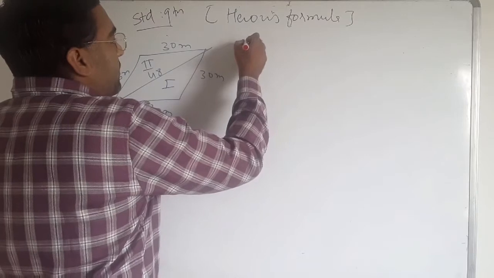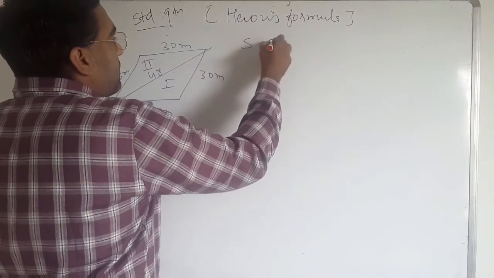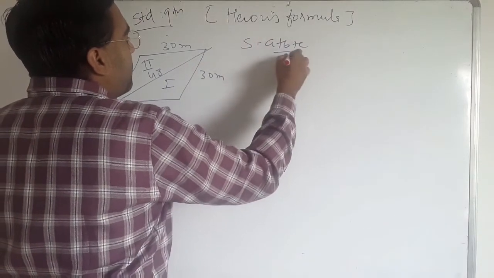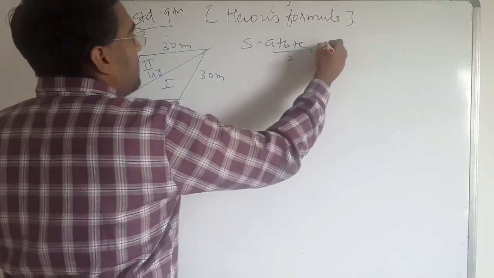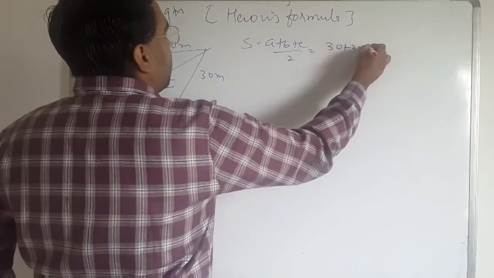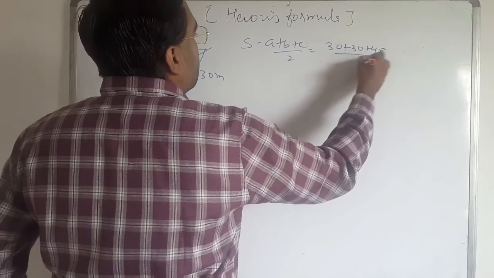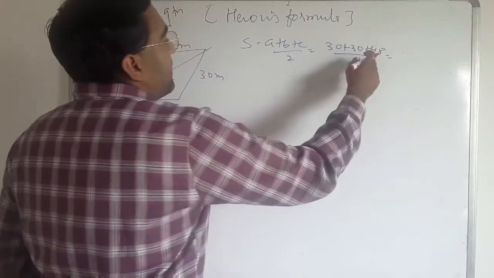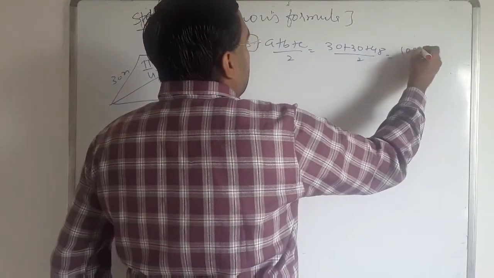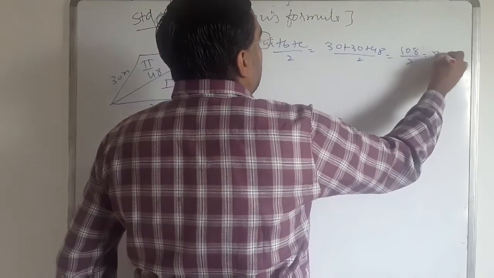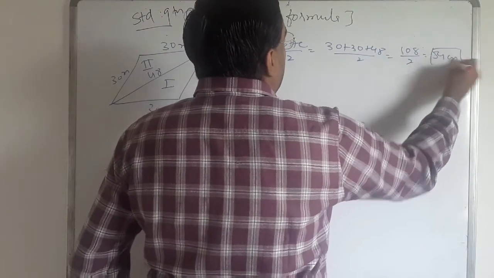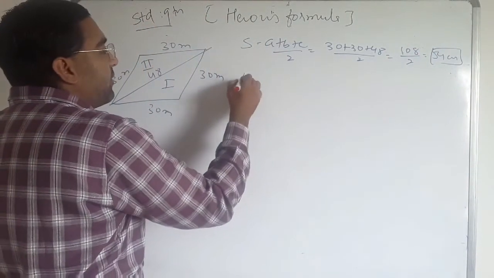First of all we have to find the semi perimeter, a plus b plus c by 2. That is 30 plus 30 plus 48 by 2, that is 60 plus 48, 108 by 2, therefore 54 centimeter. My semi perimeter is 54.